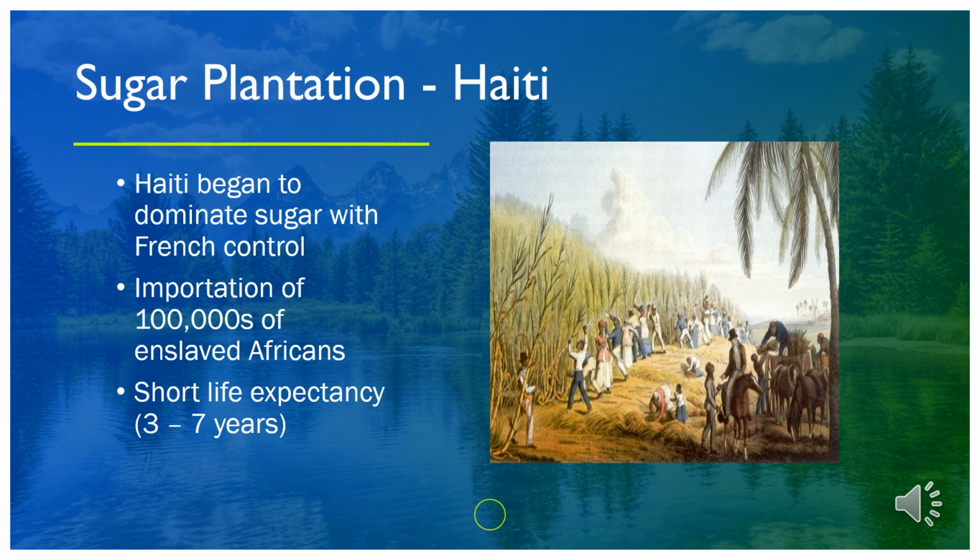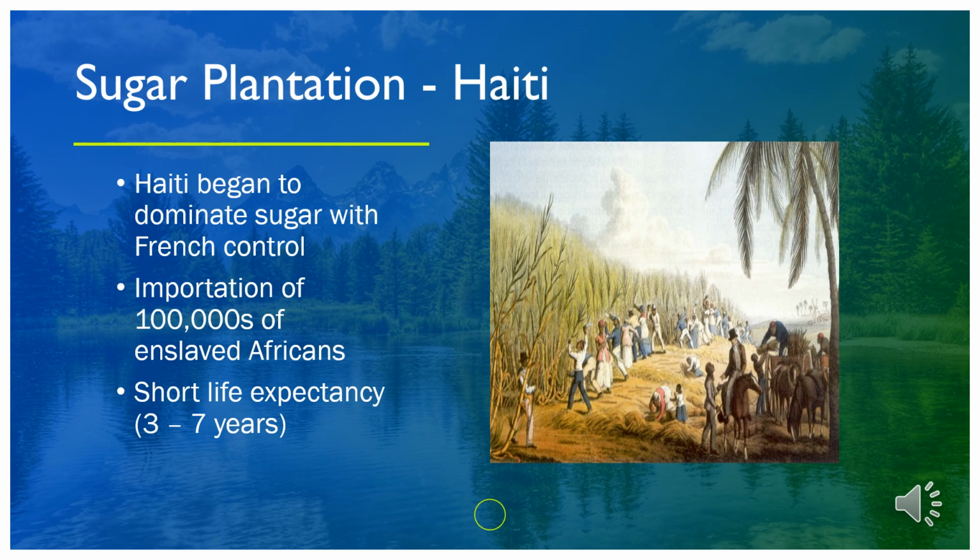Haiti began to dominate sugar with French control. And in fact, there's a point where Haiti is known as the Pearl of the Antilles. It becomes the largest wealth producing colony and it increases the French's wealth significantly.